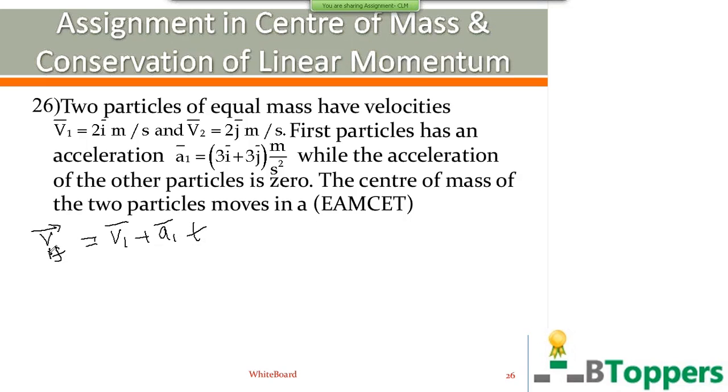V bar subscript 1F is the final velocity of the first particle after time t. v1 bar is the initial velocity of the first particle, that is equal to 2i bar. The acceleration of the first particle is 3i bar plus 3j bar meter per second into t.